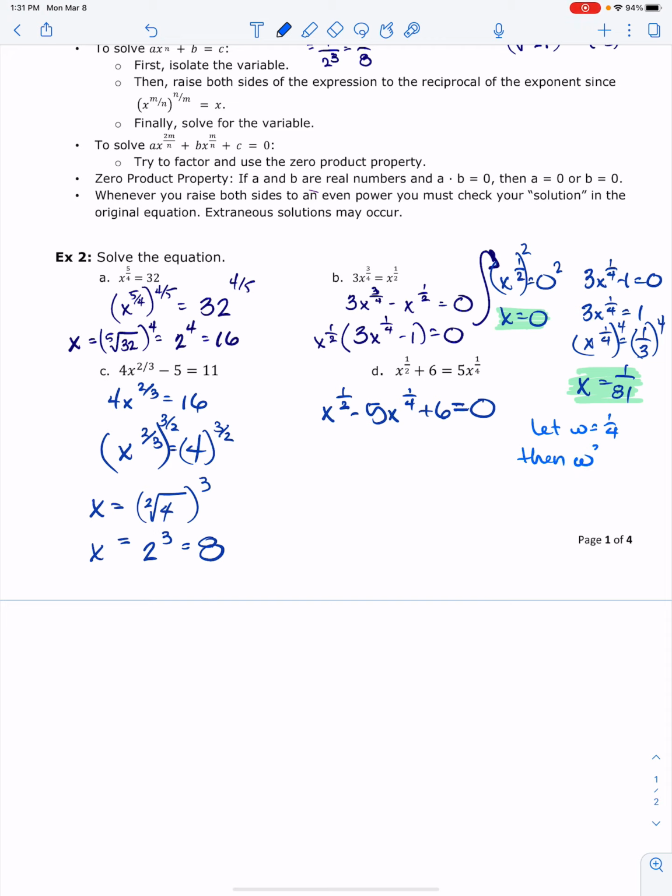That means that my w squared is x to the 1/4 squared, which is x to the 2/4, which is x to the 1/2, which means I've got w squared minus 5w plus 6, which is a whole lot easier to factor looking at this way.